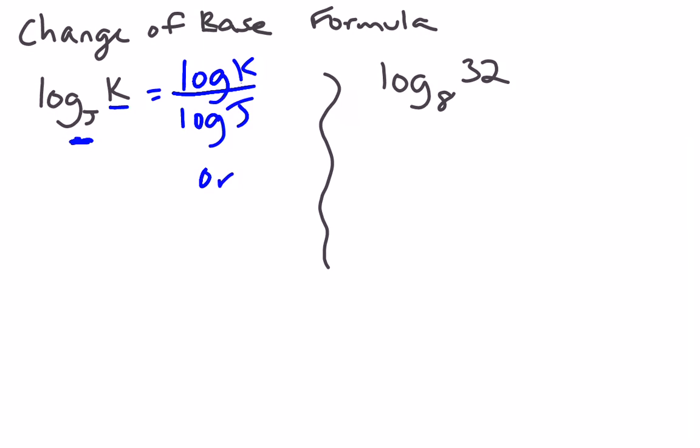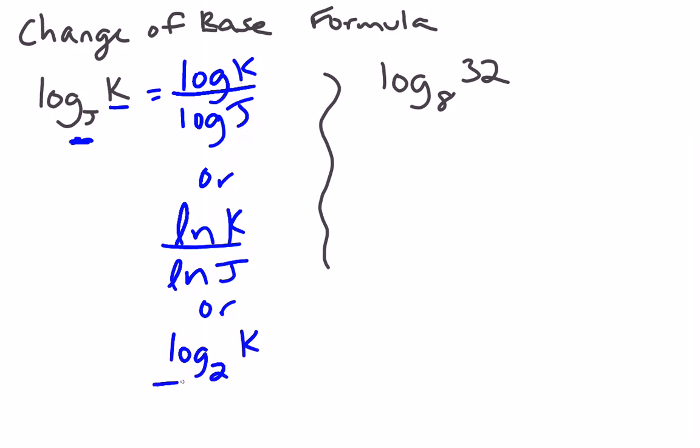You could also do natural log k over natural log j, or you could choose your favorite number. So if we want to do base 2, log base 2 of k over log base 2 of j. All of those would give me exactly the same answer, but we'll usually use one of these two because that's what our calculator talks in.